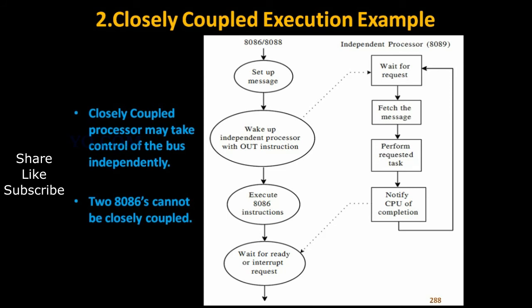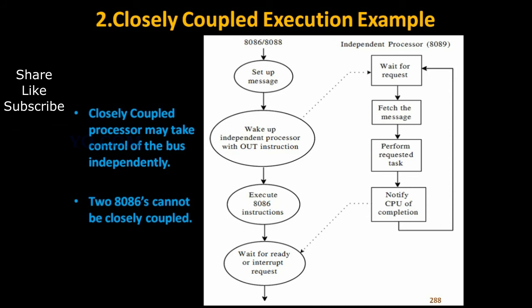At the same time, the independent processor is waiting for a request from the 8086 microprocessor. If the message is received from the 8086, it will enable the instructions and wake up the processor by using the OUT instruction.